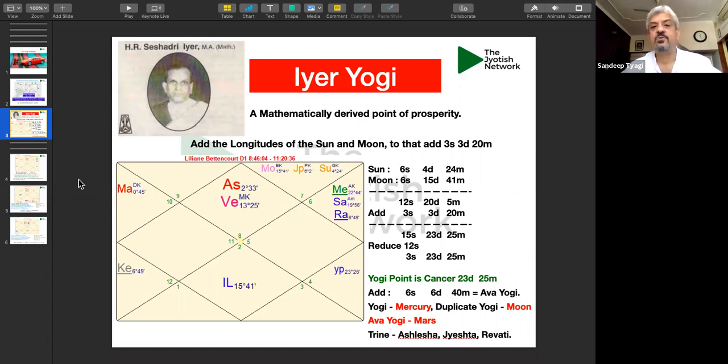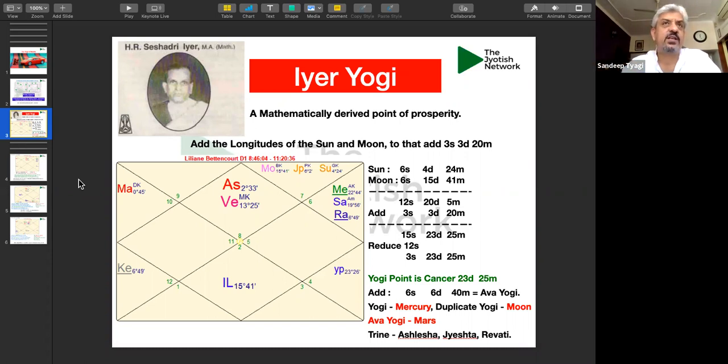He was able to see some of the charts, some of the writings of contemporary old astrologers, and then derived a calculation basis which he arrived at what is called the Iyer yogi, and then applied it to multiple charts.